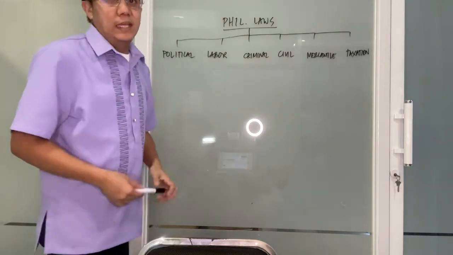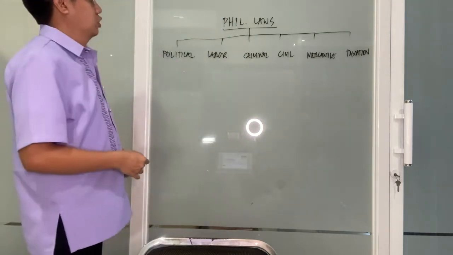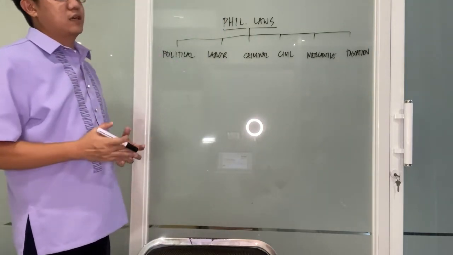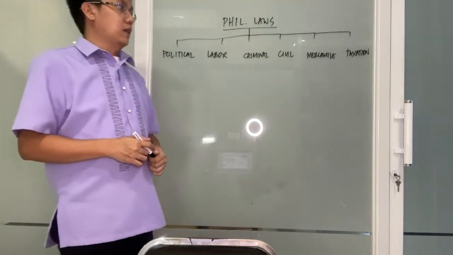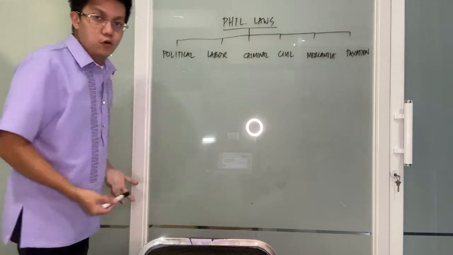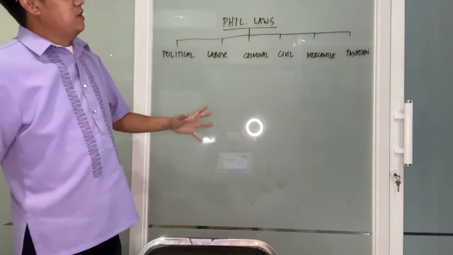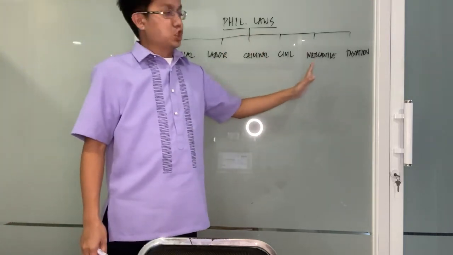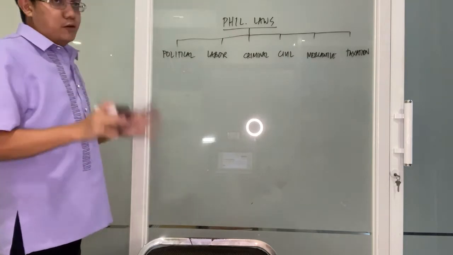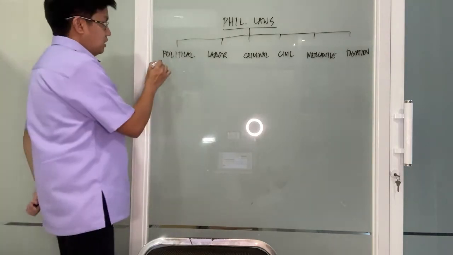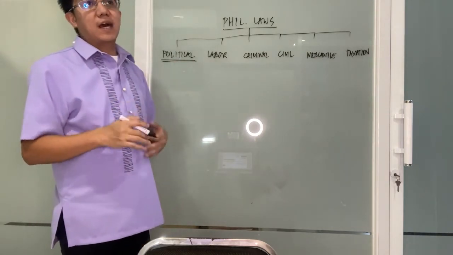In session 1, we learned about the landscape of Philippine laws. We learned that there are different branches or categories of law in the Philippines. We have political law, labor laws, criminal laws, civil, mercantile or commercial, and taxation. So far, we have already touched this branch when we discussed academic freedom.